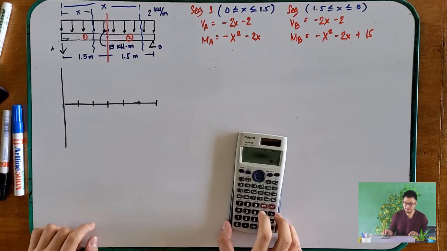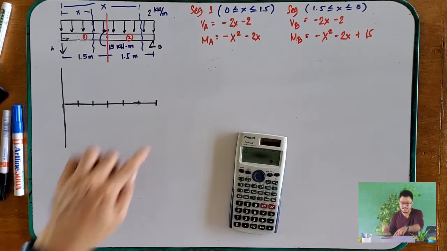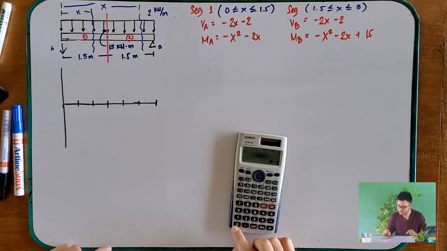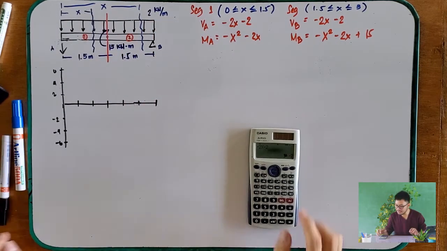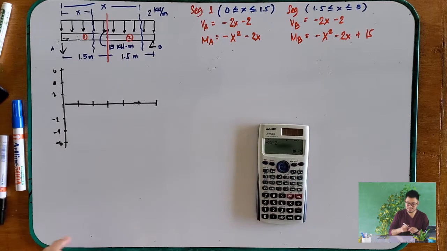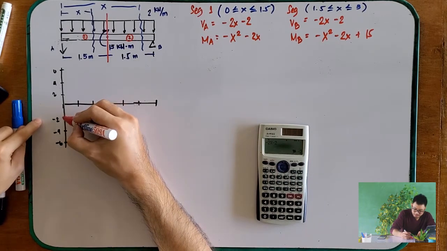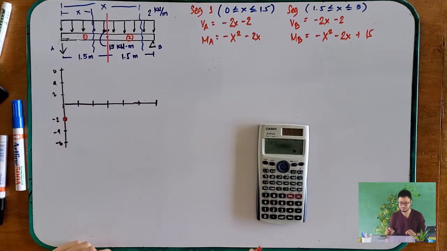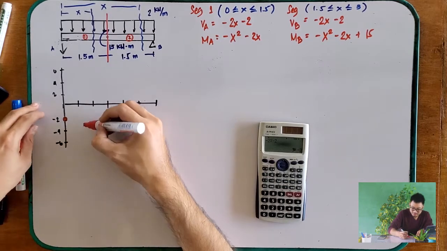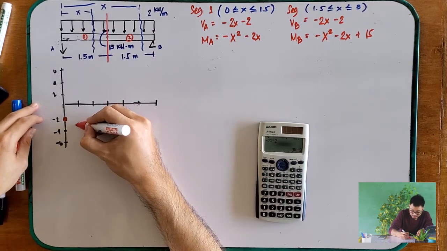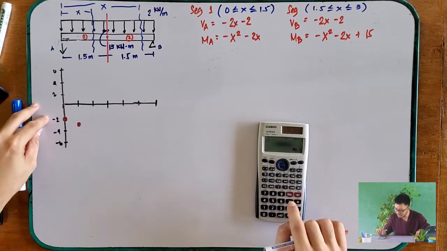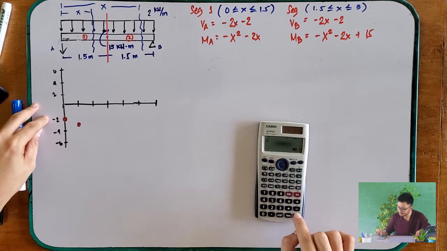What is your VA if your x is equal to 0? If your x is 0, your VA is negative 2. So, it is there. What if your x is 0.5? That is negative 3. So, it went down. Now, what if your x is 1?